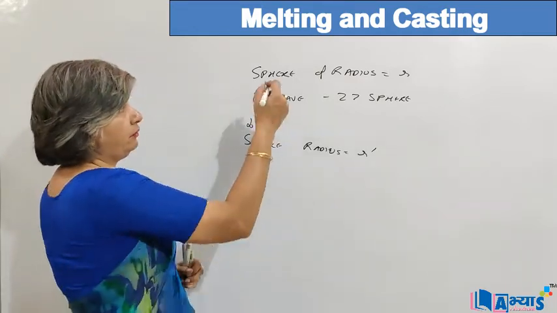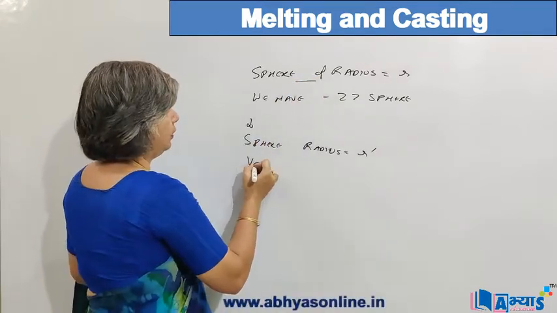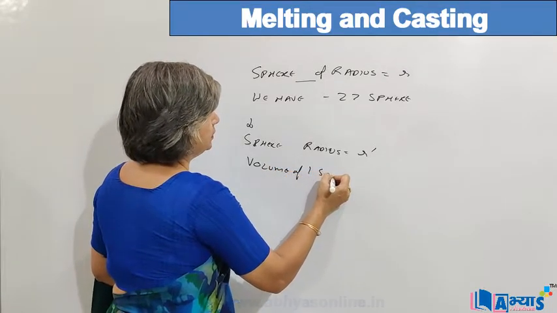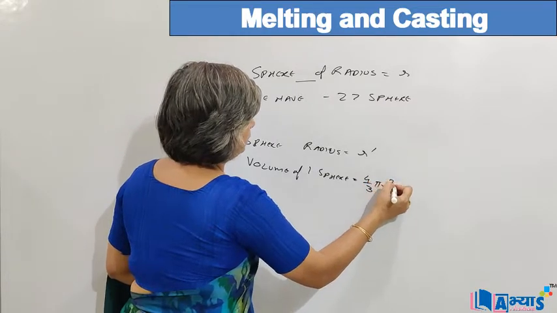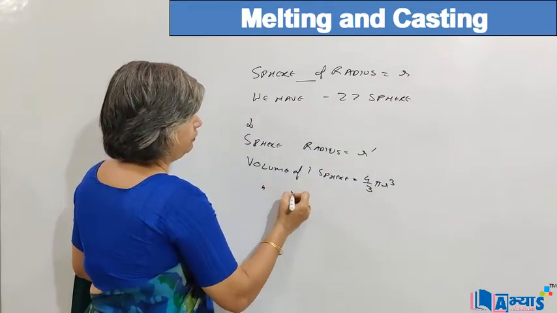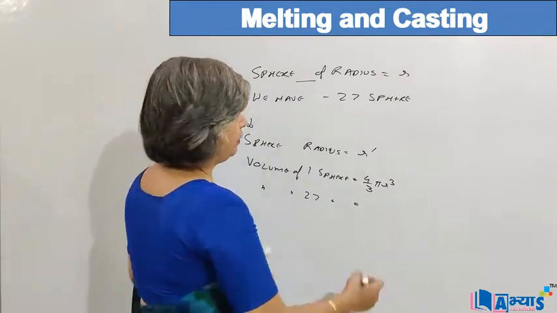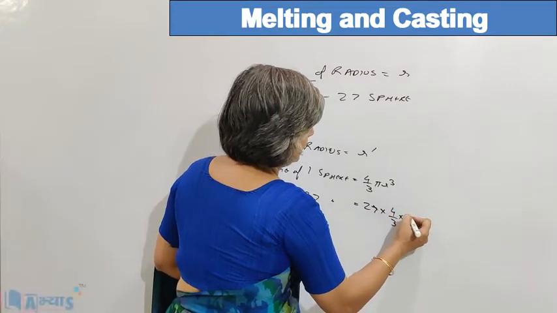We know that the radius of the sphere is r and the volume of one sphere is 4 by 3 pi r cube. We have 27 spheres, so the volume will be 27 into 4 by 3 pi r cube.